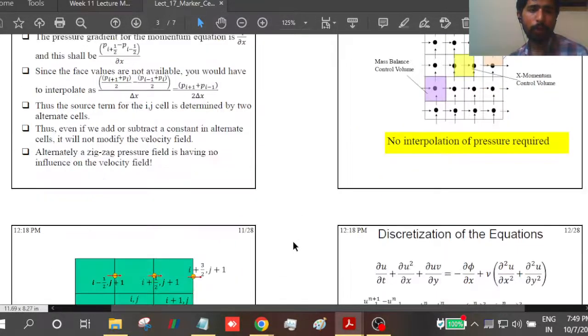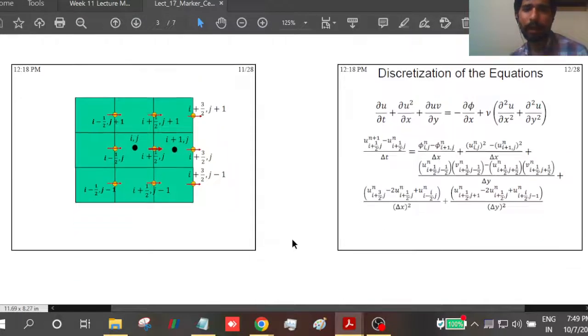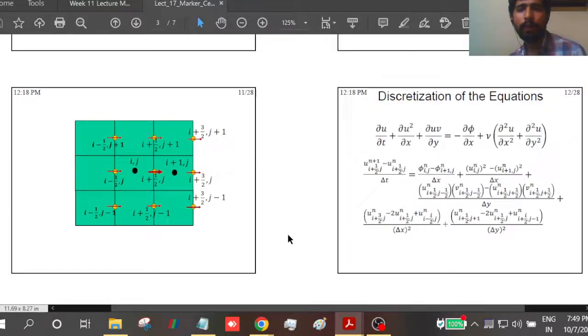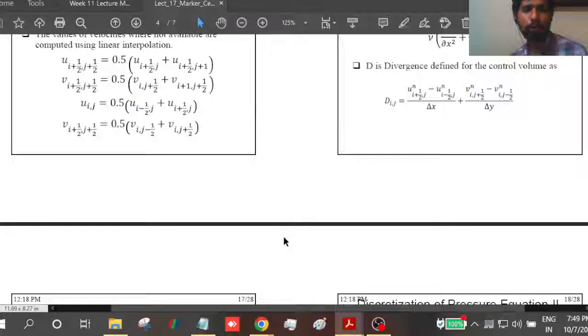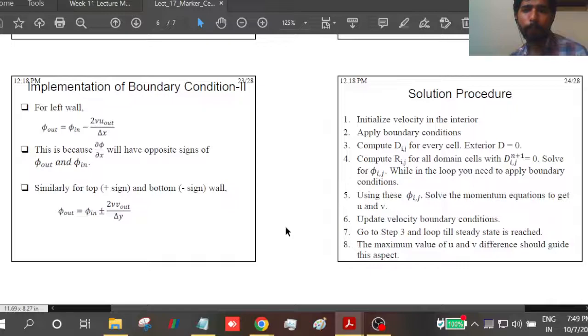As discussed in the previous classes, we are using a staggered grid. If I come directly to the algorithm, first we apply the boundary conditions as usual, and then we compute this D_ij, which is nothing but the continuity dou u by dou x plus dou v by dou y, on all the cells. It will not be zero in the internal grid points.